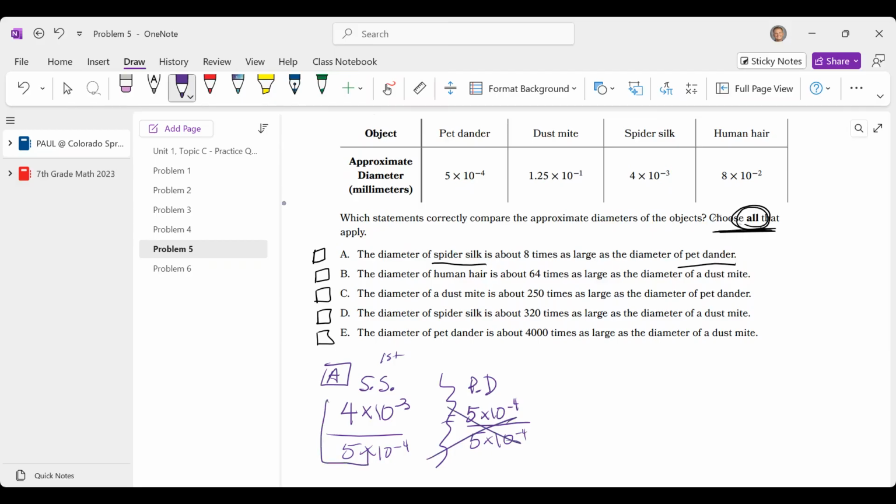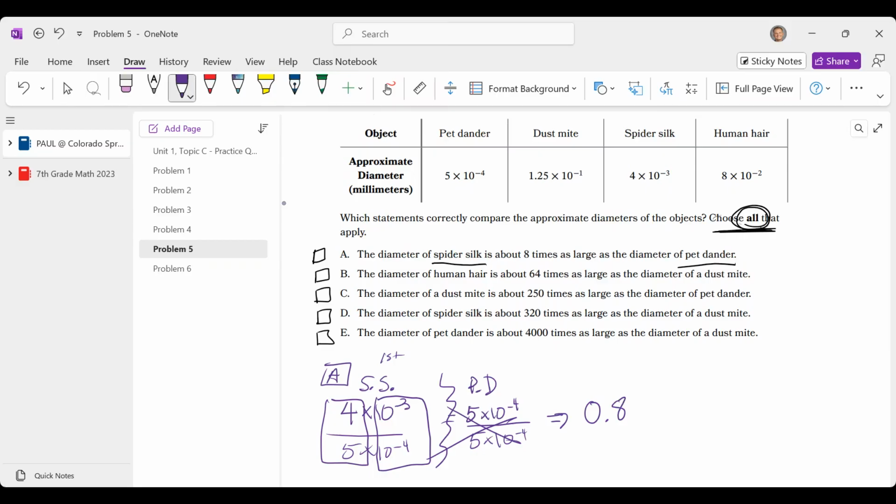So we see here that we've got 2 splits. We've got a 4 divided by 5 and the powers of 10 dividing into each other. So 4 divided by 5 is actually the same as 8 over 10, or 0.8.